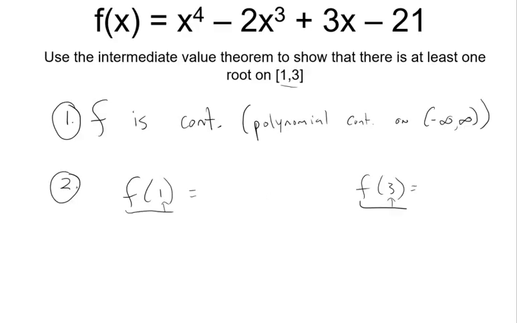f of 1. We can do this in our head. 1 minus 2 is negative 2. Plus 3 is 1. Minus 21 is negative 20. Hope I did that right. Maybe we'll double check. Oh, this one's going to be harder. 3 to the 4th, minus 2 times 3 to the 3rd, which is 27, plus 9 minus 21.